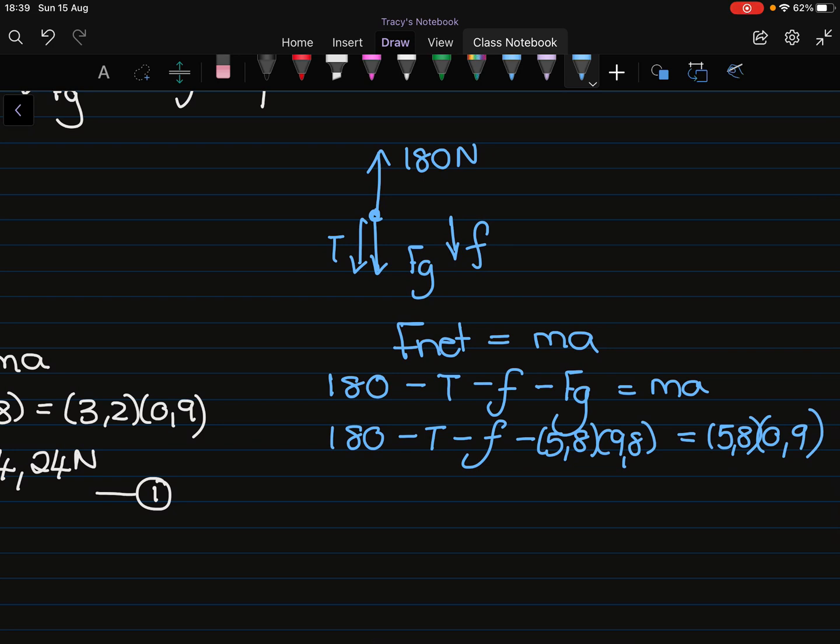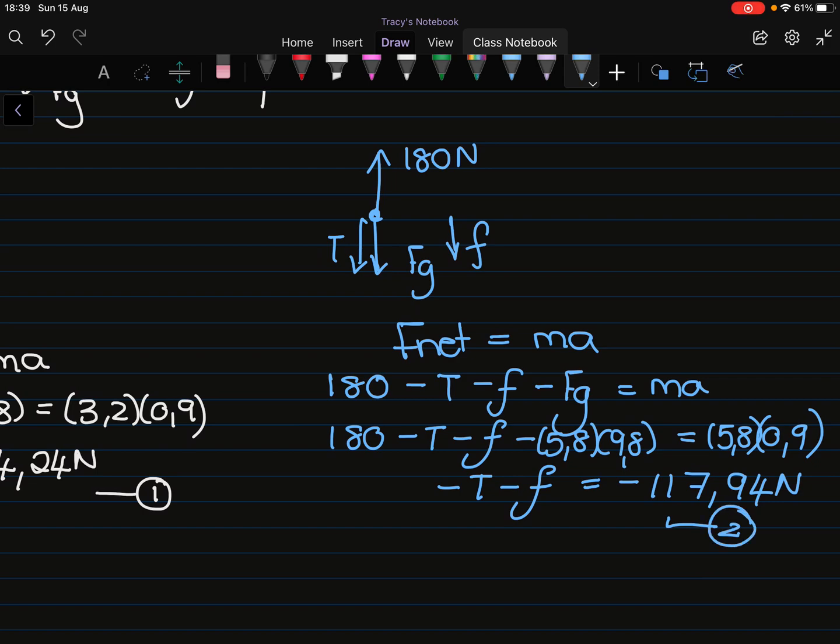Okay, I'm taking all the constants to one side, keeping all the unknowns on the other. So minus T minus F equals minus 117,94. Okay, now we have two equations. So that's my second equation.